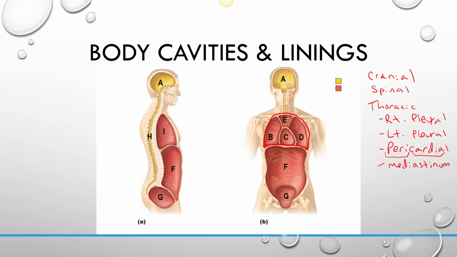Now if we look at the side view, F right here is called the abdominal cavity, and G down here is called the pelvic cavity. But we can refer to both of these with one term, the abdominal pelvic cavity, and then break it down further: F would be the abdominal cavity, and G would be the pelvic cavity.